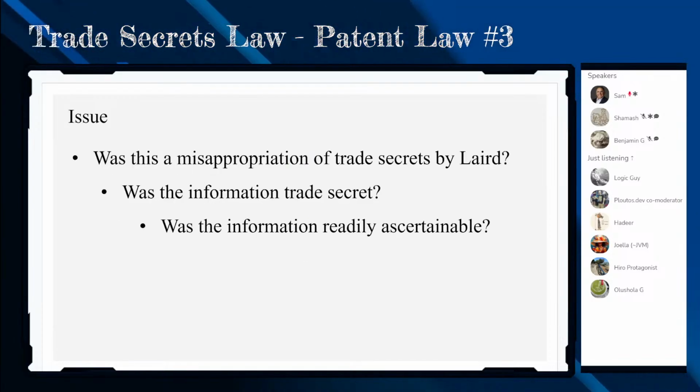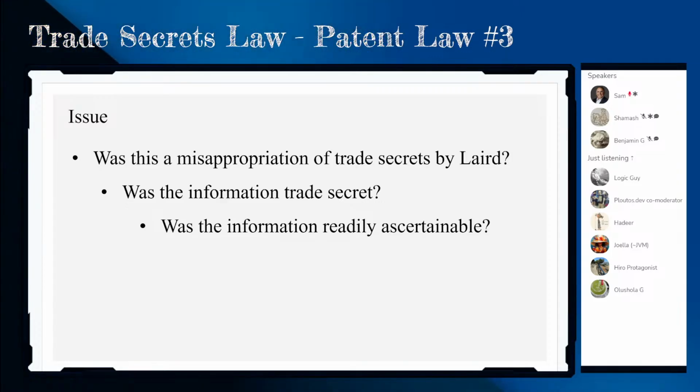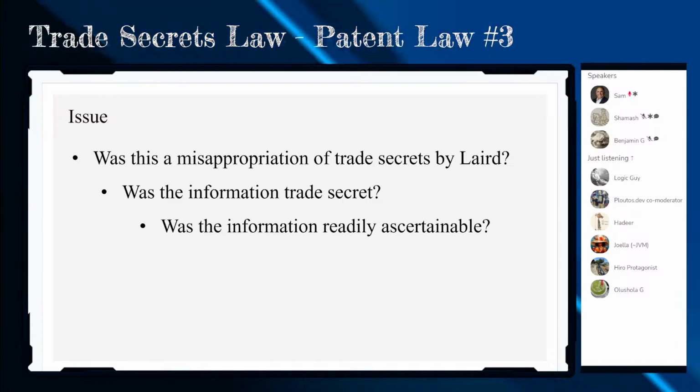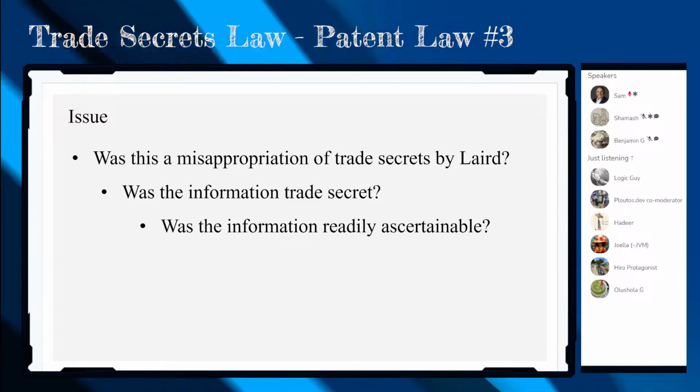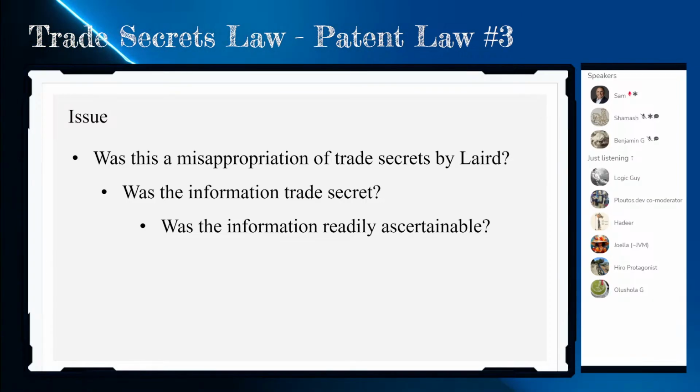So on slide 10, in order to see whether this information was a trade secret, we have to ask the question of, was the information readily ascertainable? Laird is arguing that the same way that Amoco went through the studies and figured out where the oil fields are, anybody else could have done that study, and therefore it would have been readily ascertainable.